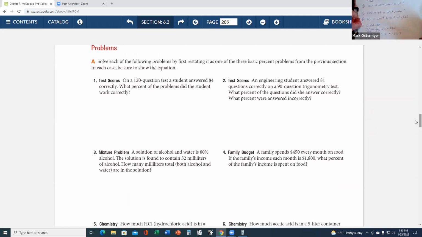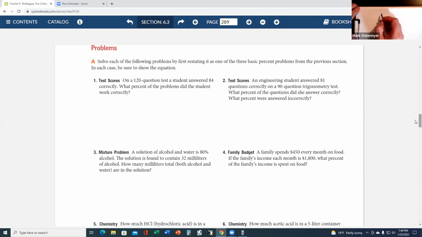It says on a 120 question test, a student answered 84 questions correctly. What percent of the problems did the student answer correctly? We're going to try to set this up as an equation.